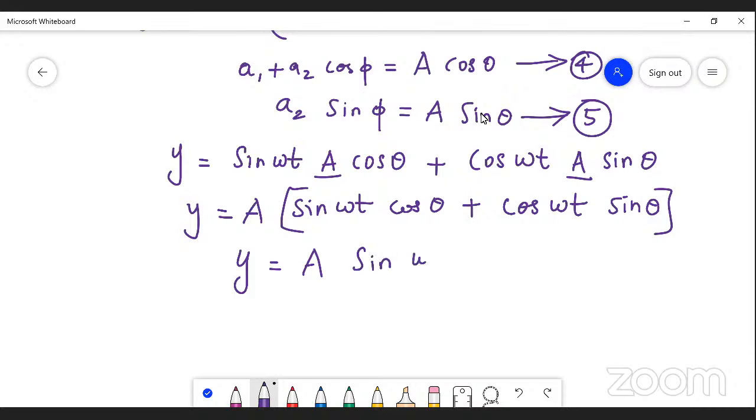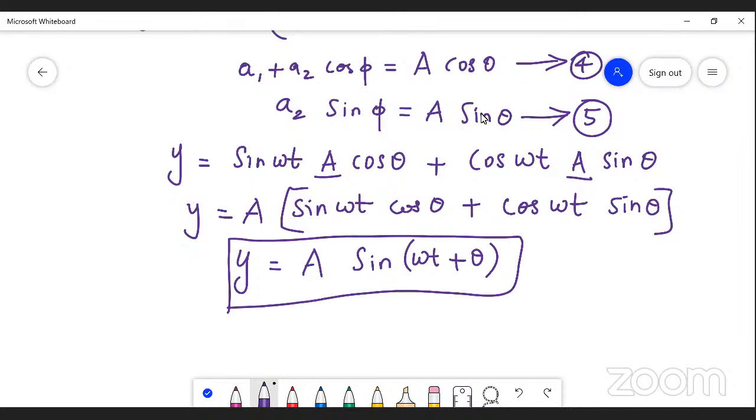Very good. This is the resultant displacement, the total displacement of the two waves combined at the point P: y is equal to A sin omega t plus theta. This is equation number 6. It's a very important one. Capital A is the resultant, the total amplitude of the two waves.